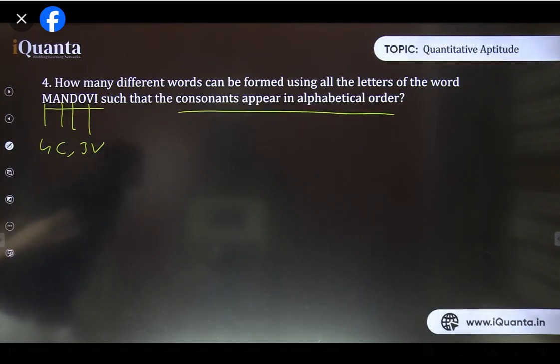Okay, I'm getting different answers here. Kavya, Vedanti, these are different answers. Please check carefully. How many different words can be formed using all the letters of this word, with consonants appearing in alphabetical order?